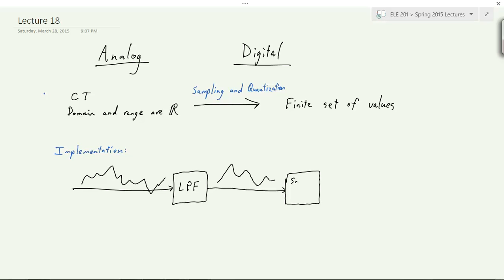Now we're going to have something that I'll call sample and hold. This is just going to explain the mechanics of how you would do a sampler. You have something that basically outputs the signal sampled, and each sample is just held out over the sample interval.